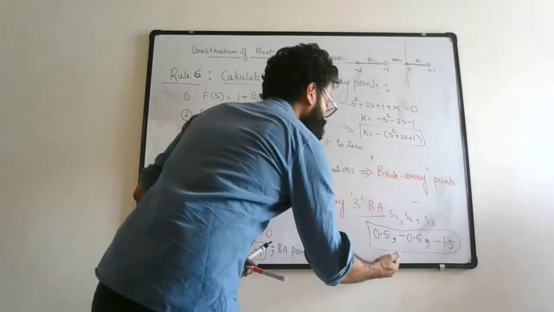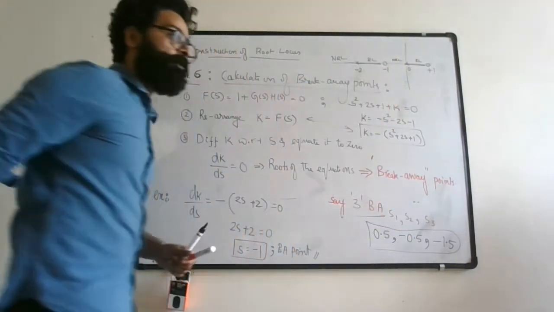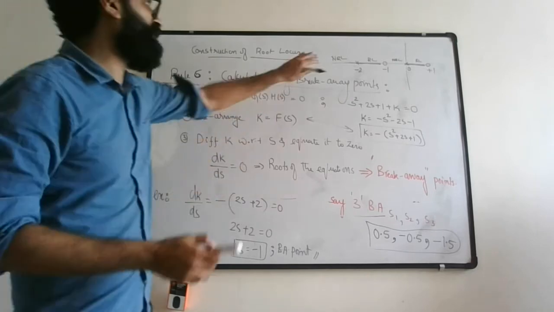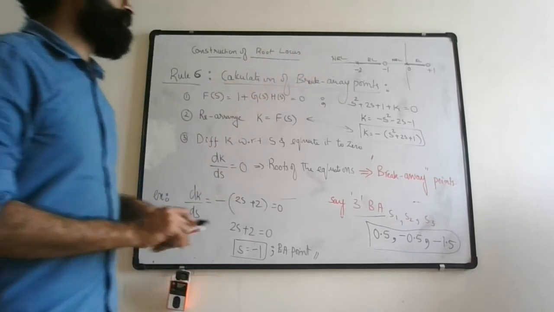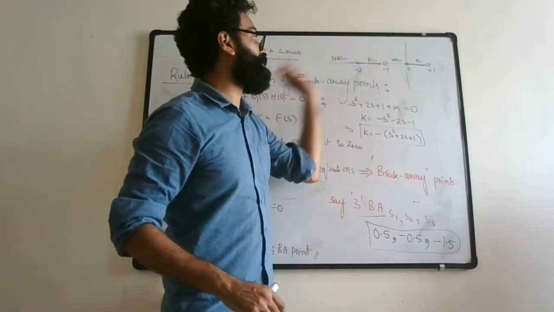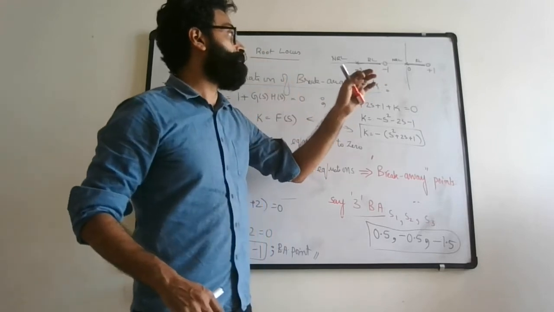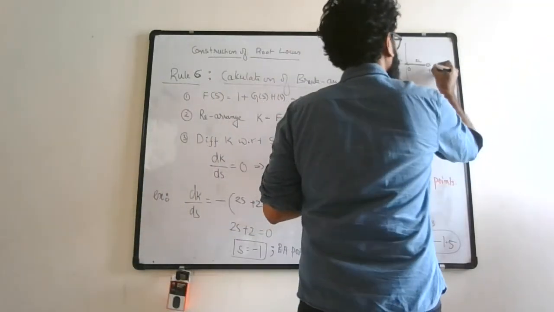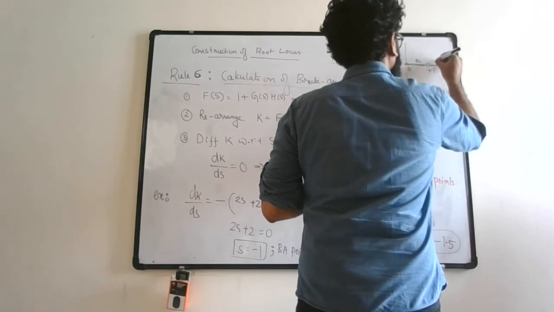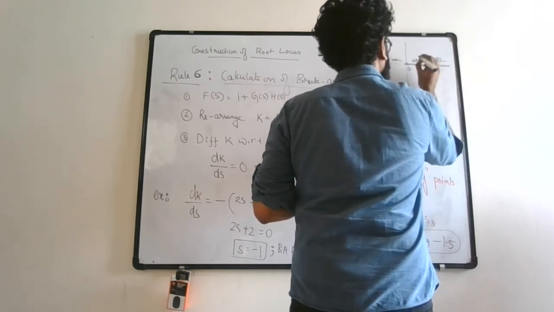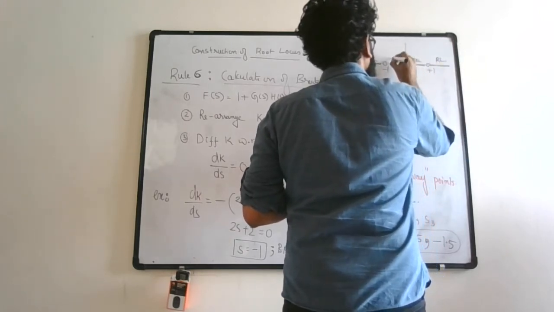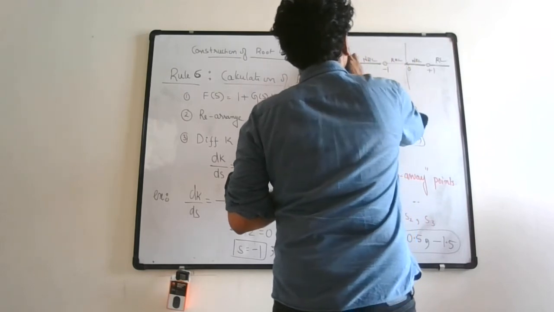You can simply place these breakaway points in your pole-zero plot. I have taken a sample pole-zero plot here, in which I have marked alternate sections. This is NRL, this is RL, NRL, and this is RL.